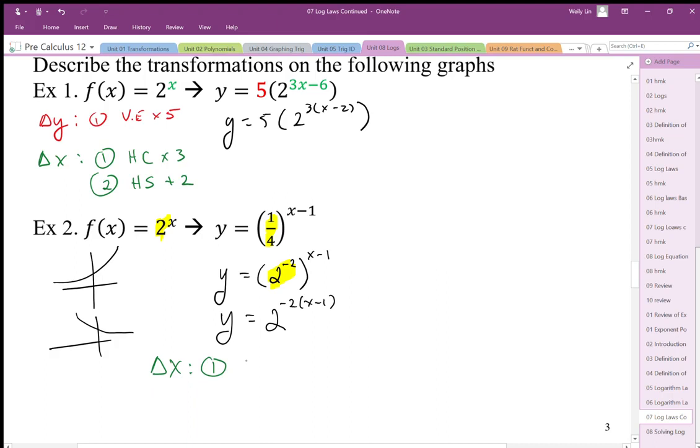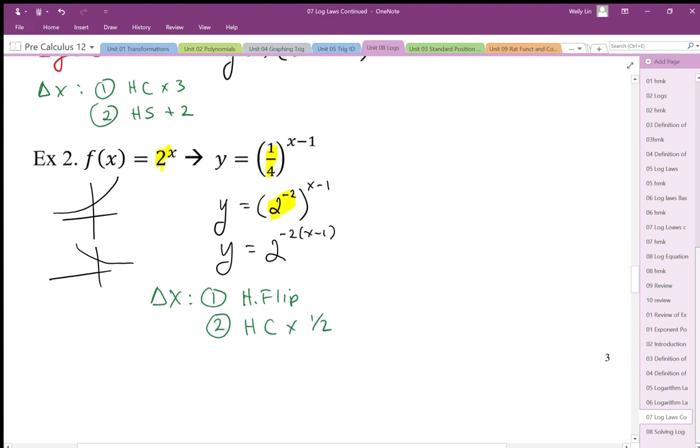The first thing is a horizontal flip. It went from exponential growth to exponential decay. I did a horizontal compression by 1/2, and then I'm going to move it horizontally. It's a horizontal shift to the right 1.